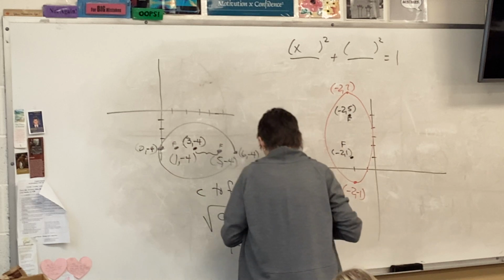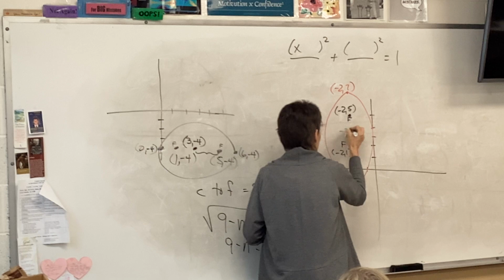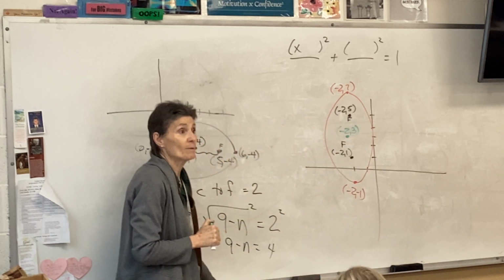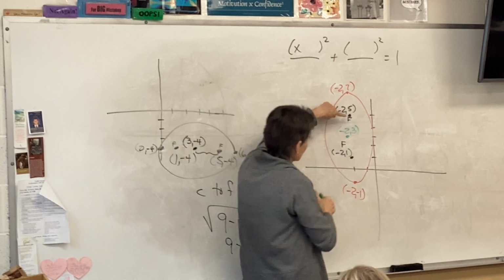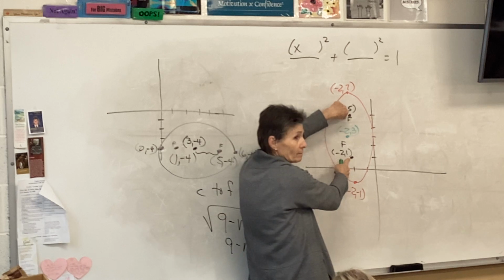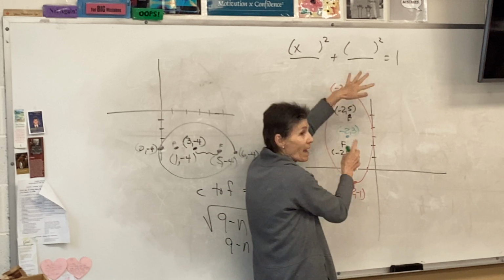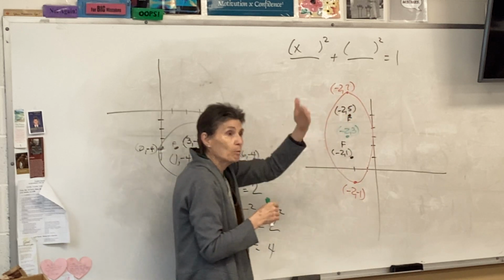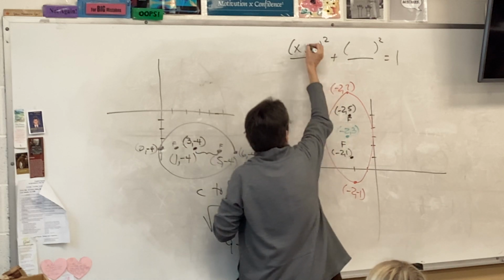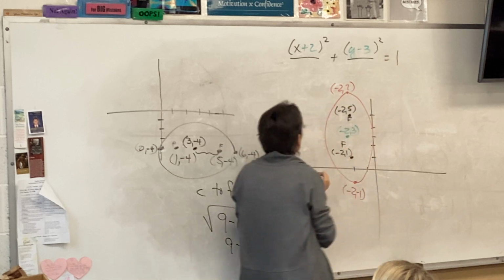-2, 3. I heard a center is at -2, 3. I agree with that, because doesn't the center have to be either in between the foci or in between the vertices? It doesn't matter which set you use, that point's gonna be the same. So we've got x plus 2, y minus 3.